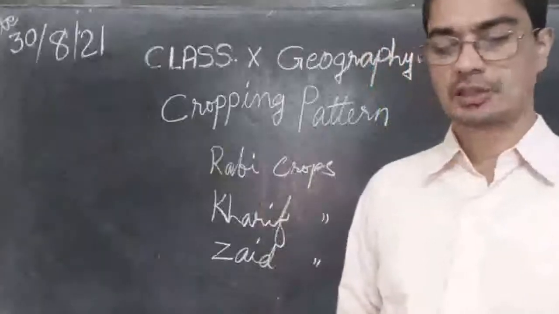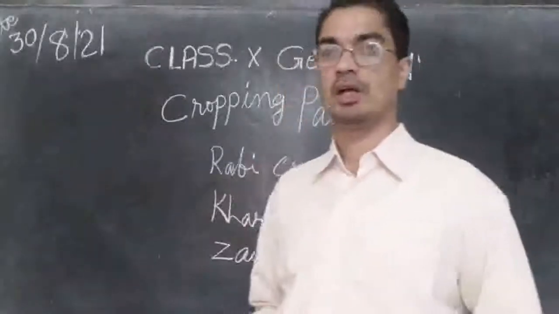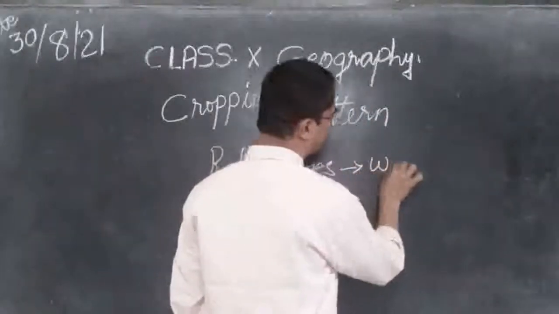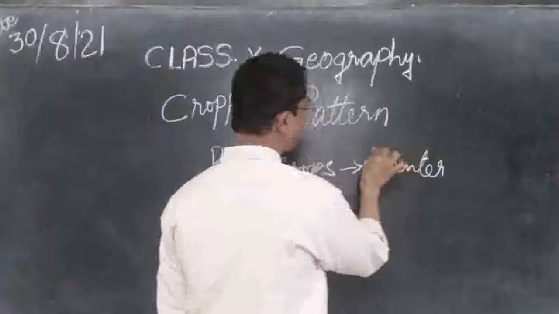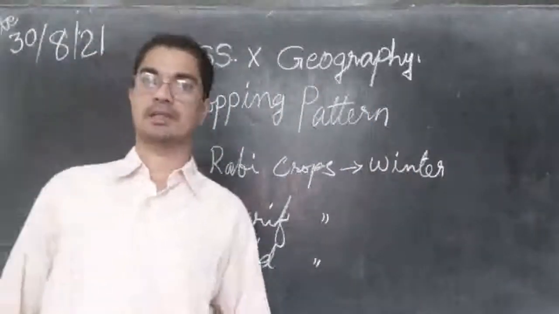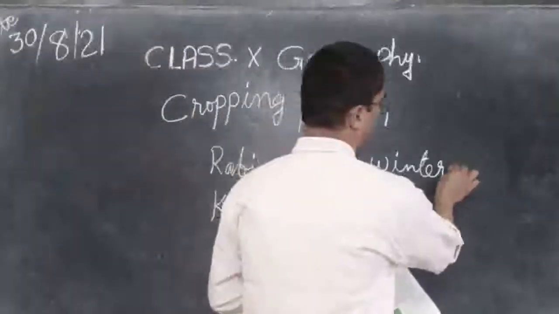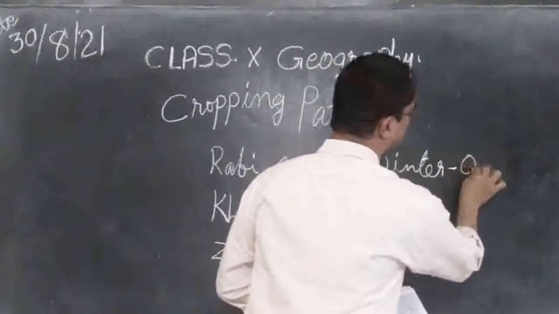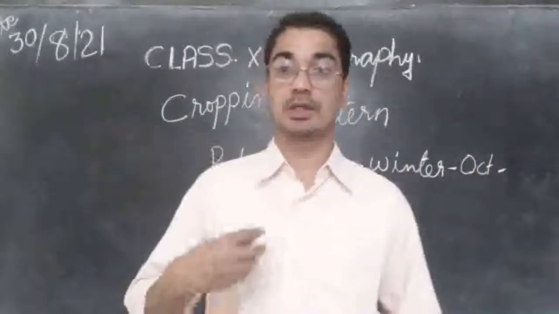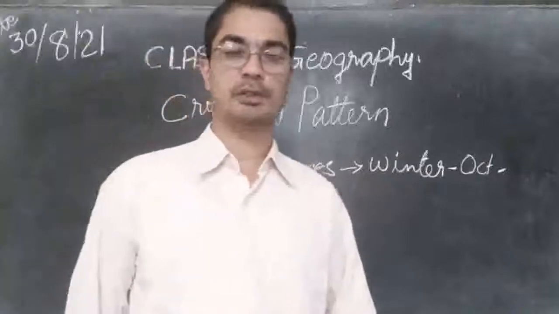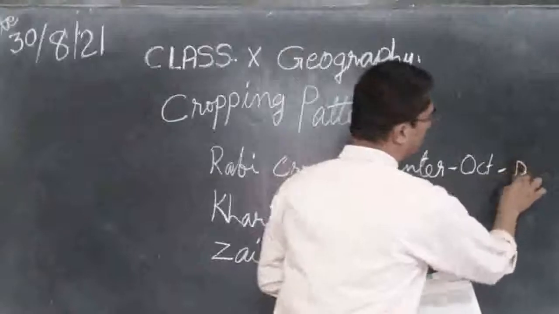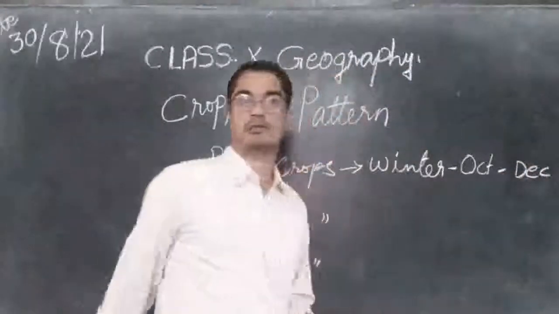So Rabi crops are sown in winter. Remember, Rabi crops are done in winter. It starts from October. It is cultivated in the month of October, and by December the harvest will be done.